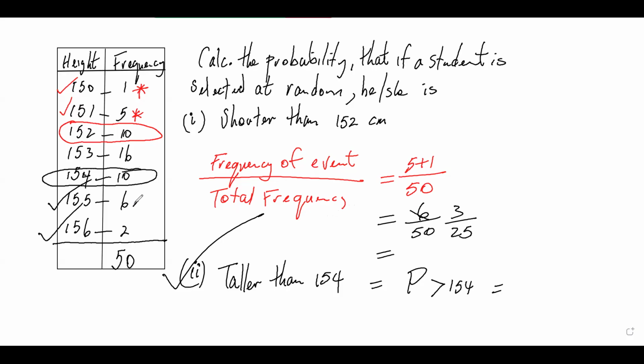So it's 6 and 2, which is 8 over 50. 8 over 50, if you have 4 over 25, or if you have 0.16, that's good. That's the answer.